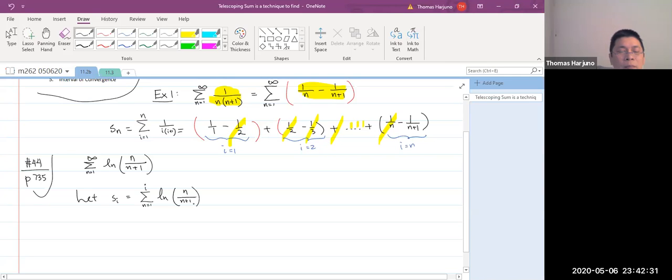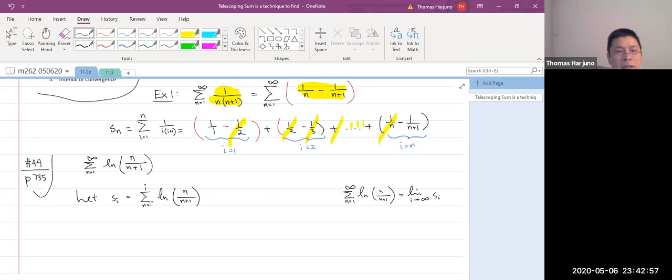Our goal later on is that this sum to infinity is equal to the limit as i goes to infinity of S_i. Is it right? Okay, that's what we want to do later on. But let's see what happens with the ith partial sum first.